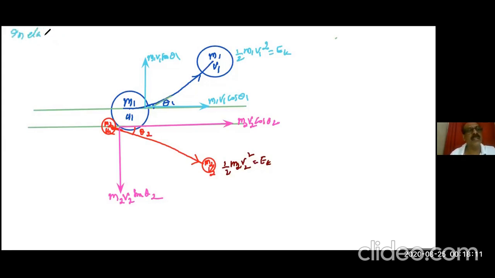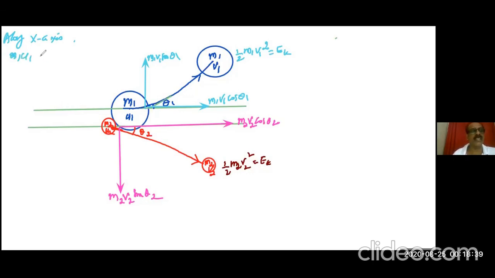Write it down. But here linear momentum is a vector. Before collision, they have only x-axis. After collision, linear momentum is along x and y-axis. So first we have to take along the x-axis.